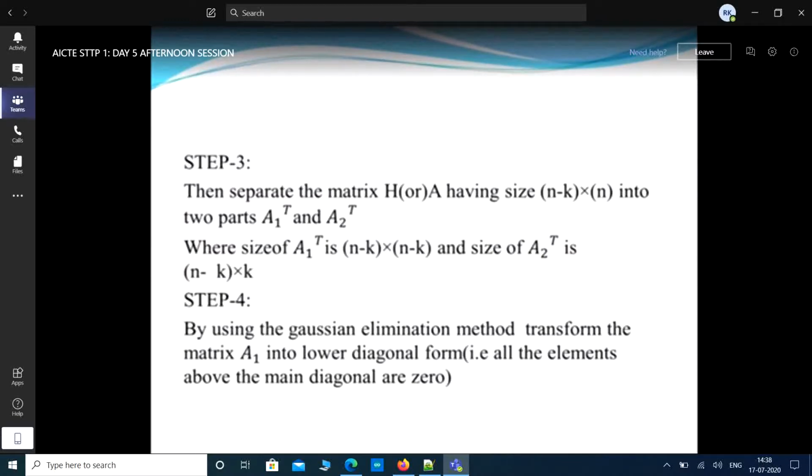The first, left side matrix is the square matrix, and the right side matrix is the rectangular matrix only.